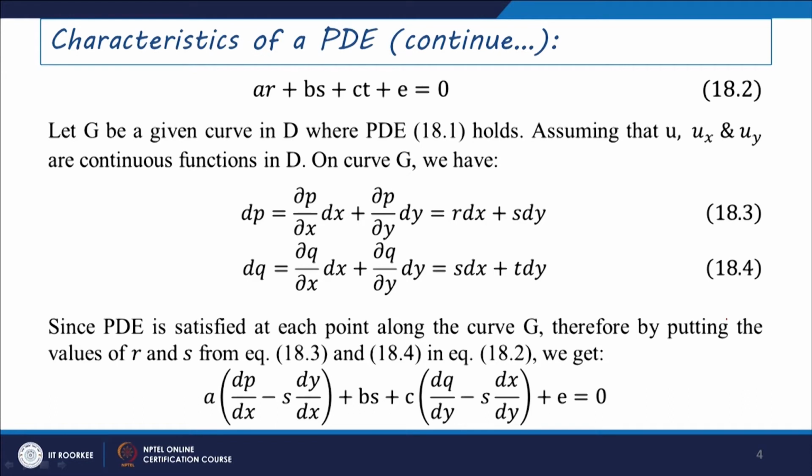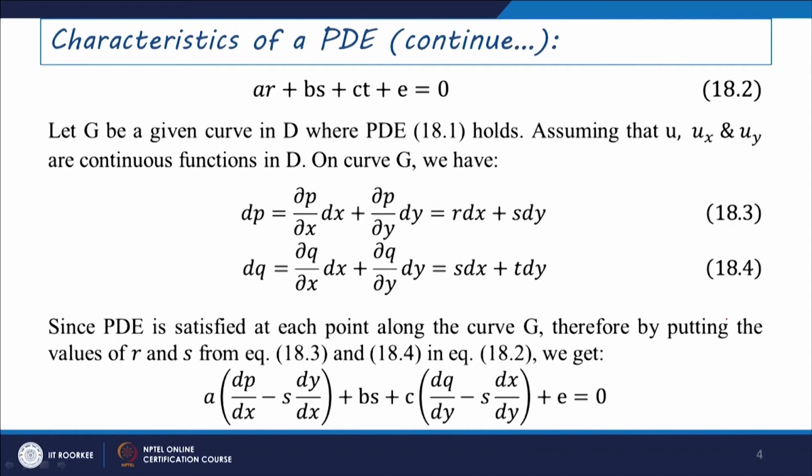Since we have defined r as ∂p/∂x and s as ∂p/∂y, we can write this as r dx plus s dy. Similarly, dq is ∂q/∂x dx plus ∂q/∂y dy, which can be written as s dx plus t dy. And the partial differential equation is satisfied at each point on the curve G, which is defined inside the domain D.